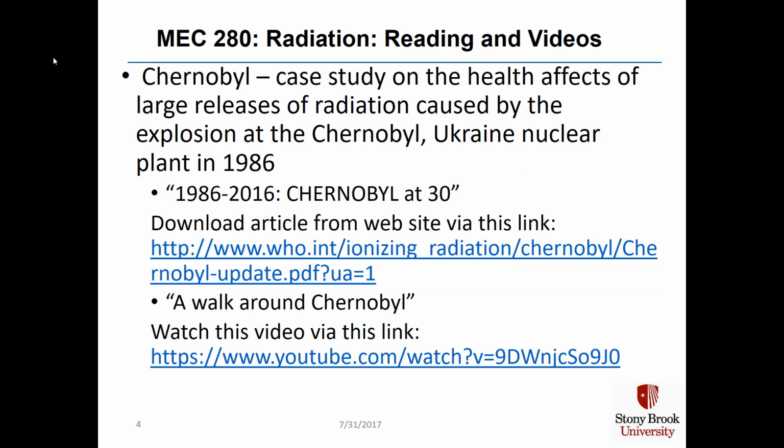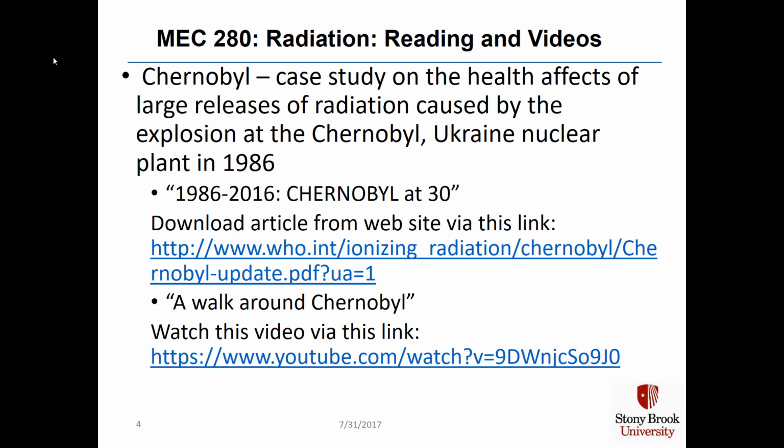The second subject, we're going to study the world's worst nuclear accident at Chernobyl in Ukraine in 1986, which was also the world's best case study in what the effects of radiation on human beings are, because there have been a lot of scientific studies that followed thousands and thousands of people who were exposed to radiation from this nuclear accident and followed them through life to see what type of health effects they had.